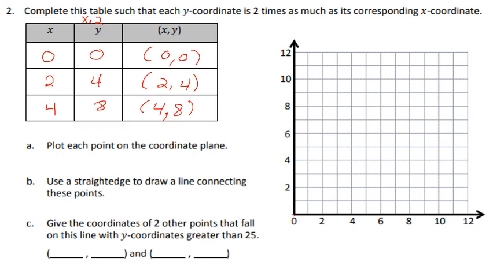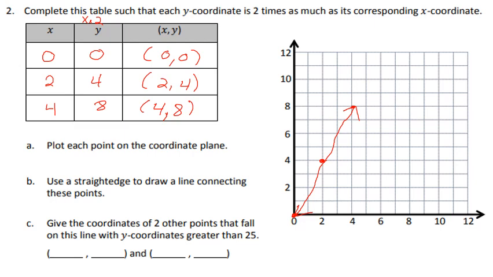Now I'm starting here at 0, 0, and I'm going to 2, 4, and 4, 8. And I'm going to connect these best I can freehand. Now, you may not have picked the same coordinates, but they should have been on that same basic line, okay?